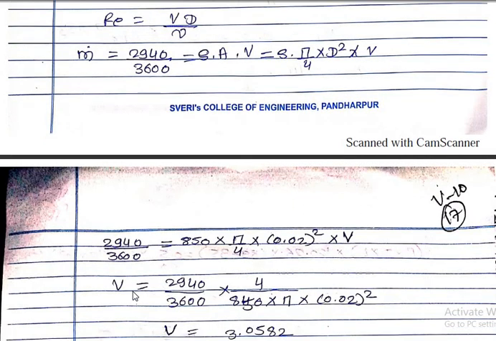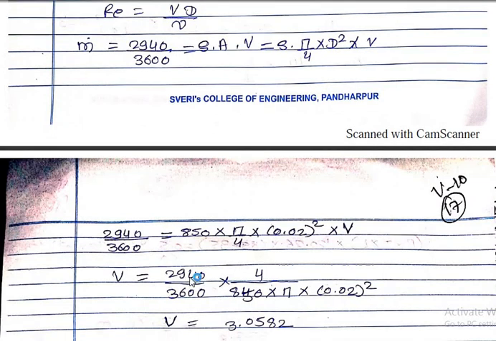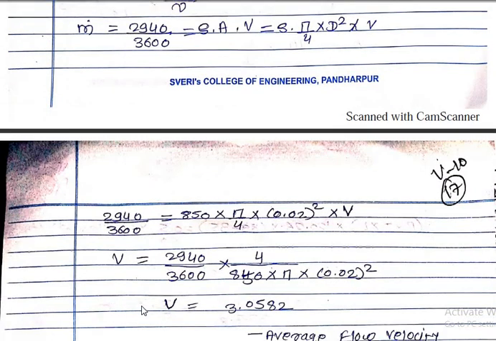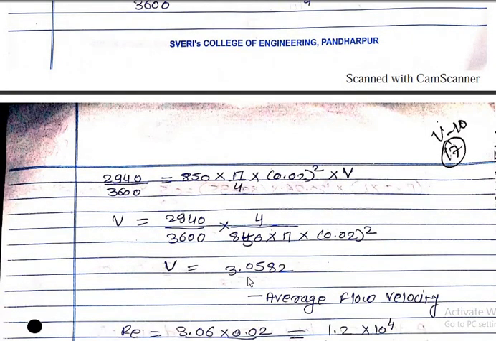Now we get the velocity equal to 2940 divided by 3600 multiplied by 4 divided by 850 multiplied by pi multiplied by 0.02 square. So velocity v is equal to 3.0582. This velocity is the average flow velocity.